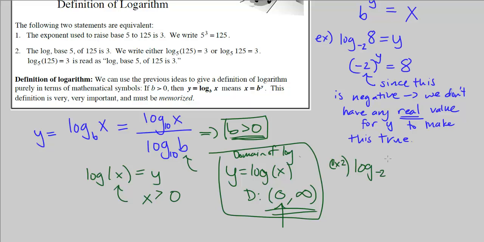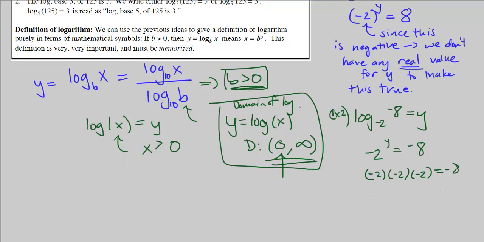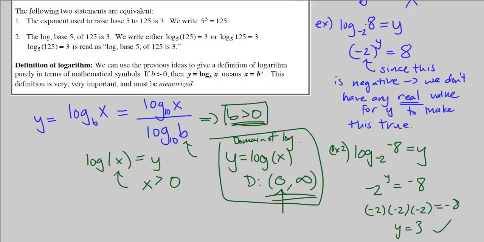Log base -2 of -8 equals y. Well, -2 to what power equals -8? We know that -2 times -2 times -2 is equal to -8, so y can equal 3. Yes, but if we have a negative base equal to a positive number, there's no exponent in our real world that exists.